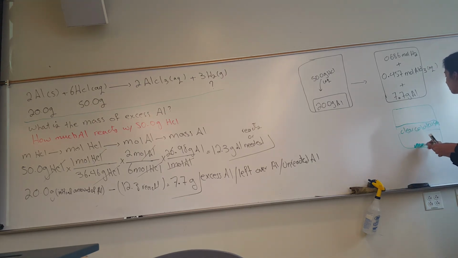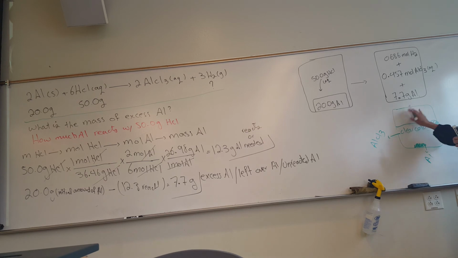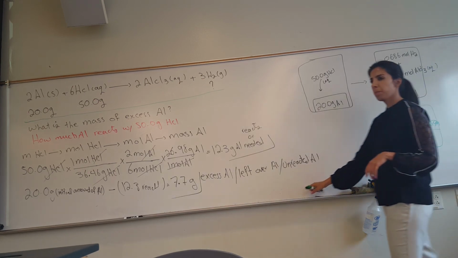On the bottom, there is some shiny metal. That shiny metal is going to be aluminum. That clear, colorless solution is the aluminum chloride solution. And over here, you have the hydrogen gas. Obviously, you won't see it, but it's inside your beaker or your flask.